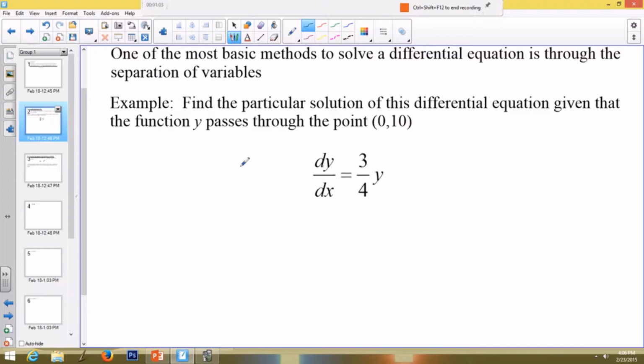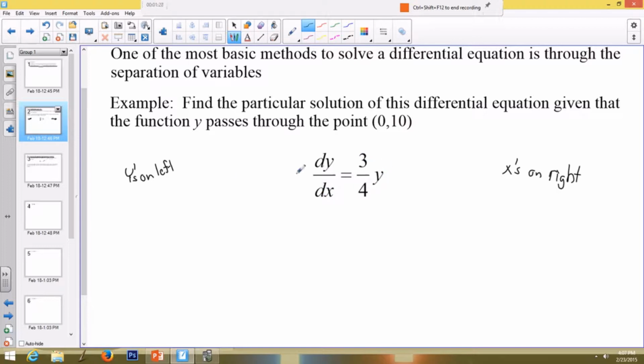Now what we want to do is put the y's here on the left, and we're going to put the x's on the right. Remember, this expression for derivative can be thought of as a fraction. We can separate it as a fraction.